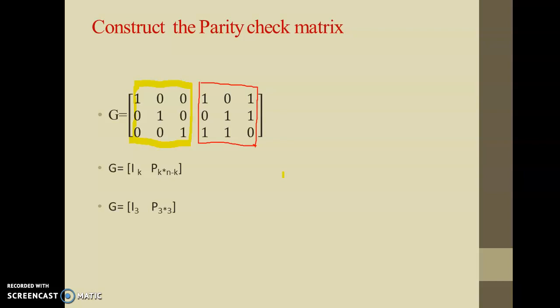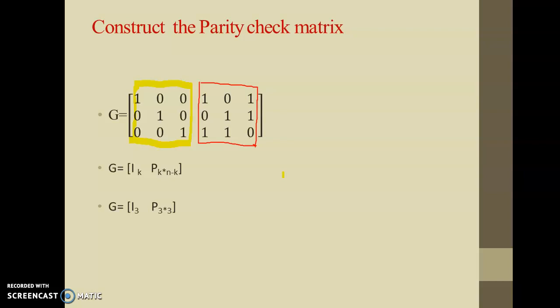In the generator matrix given in the problem statement, the first 3 by 3 matrix is the identity matrix, highlighted in yellow, and next to it we have the 3 by 3 parity matrix, highlighted in red.